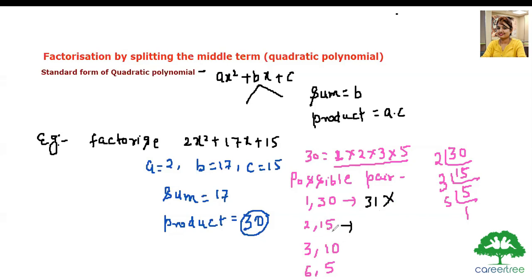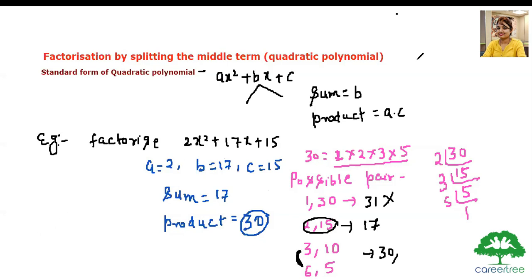When you find the product you get 30, and if you add them, you get 17. So this pair will work for us. For the rest of the two pairs, if you multiply them you get 30, but if you add them you do not get 17. So this pair of numbers will serve our purpose.